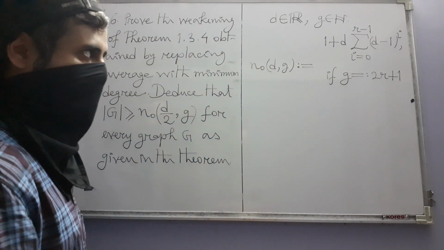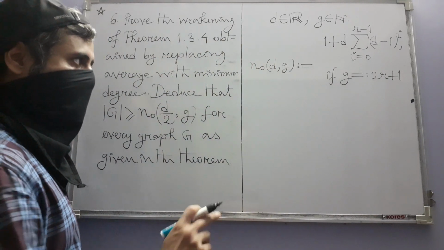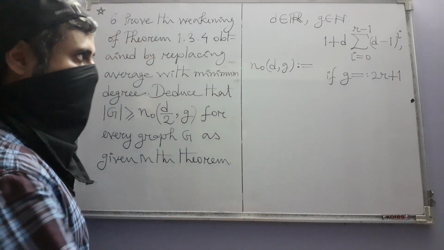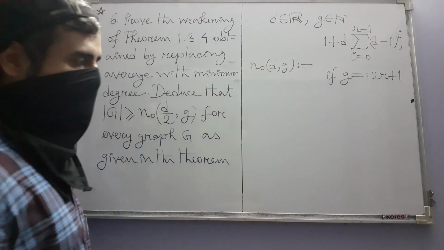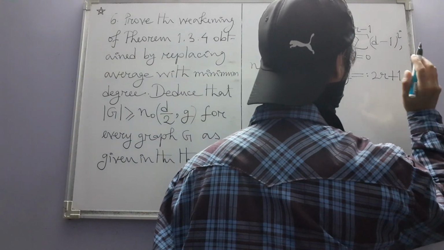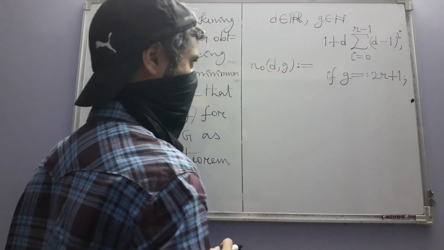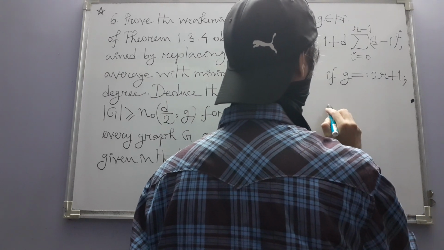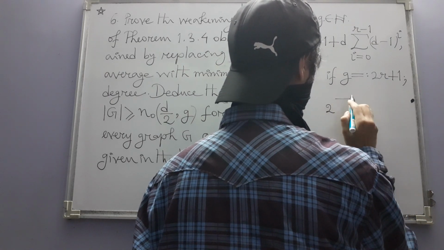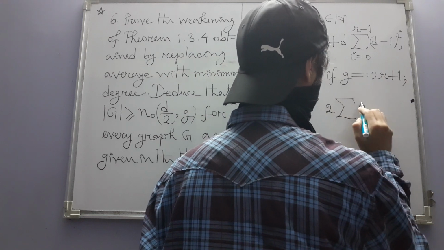So if G is of this form, then the value of this is, say, this. That is one case.